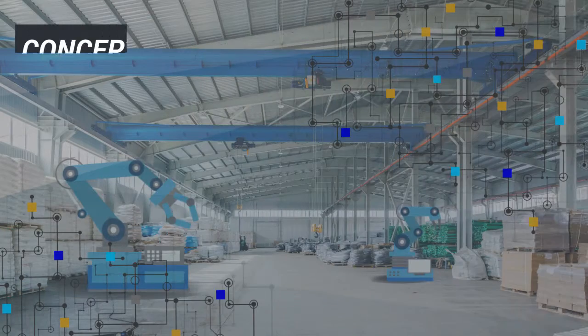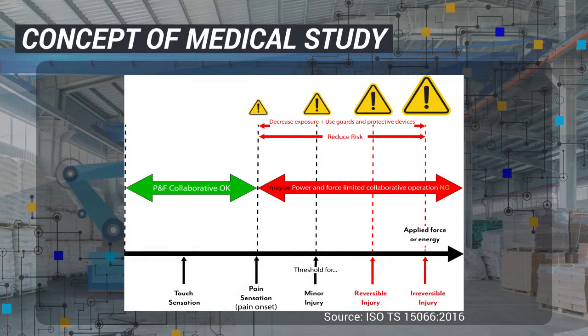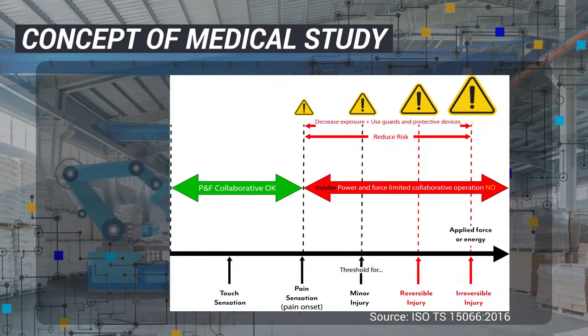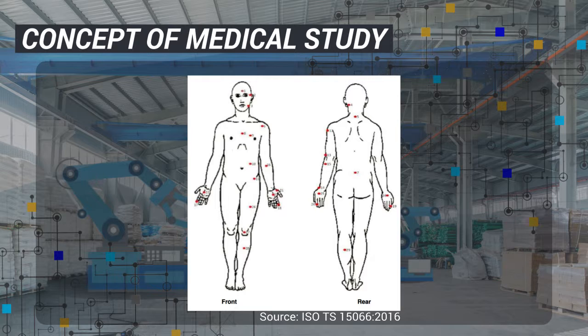Delving deeper into the possible contact scenarios, let's review a study performed by the University of Mainz. The university conducted a pain threshold study in Germany across approximately 100 test subjects. The research sampled pain limits of test subjects by exposing 29 human body parts to robot impact concerning force and speed.